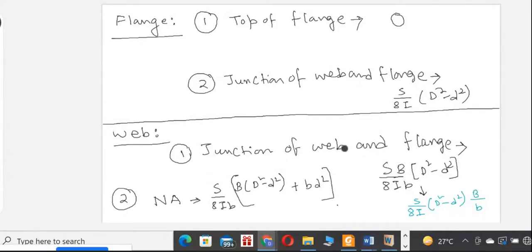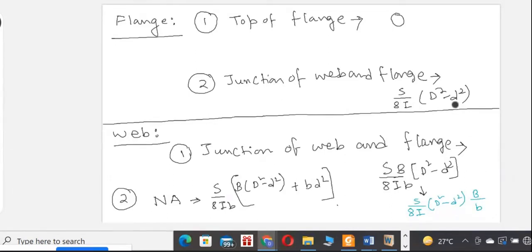What is the interesting part? When we calculate from the flange portion, the junction of the web and the flange gives this value, whereas when we calculate at the same portion from the web, it gives the same value but into B by small b.